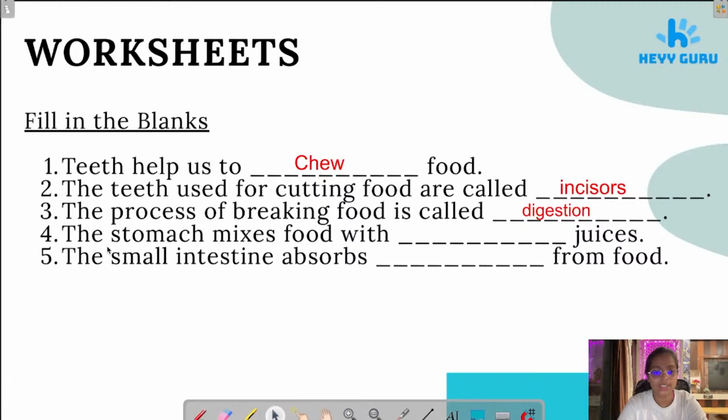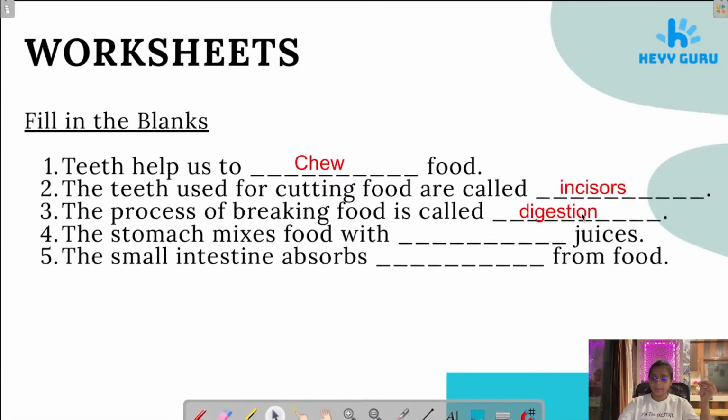Your next question is: the stomach mixes food with dash juice. The stomach mixes the food with which juice? I told you earlier what the use of the stomach is, where your food is stored and helps you to mix the food.